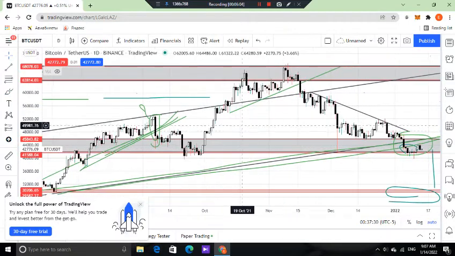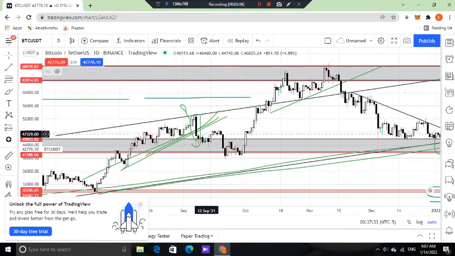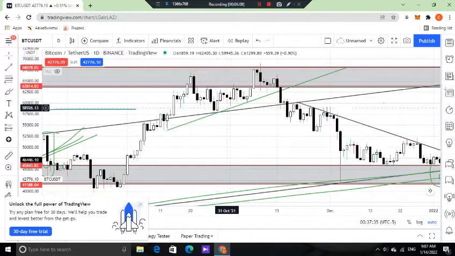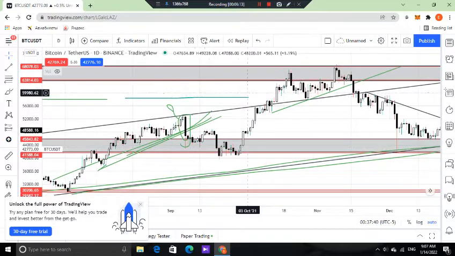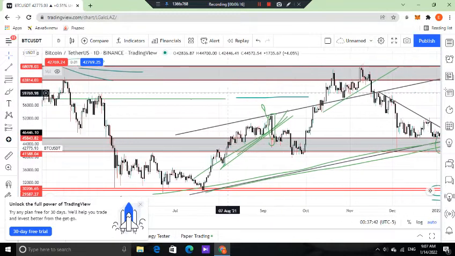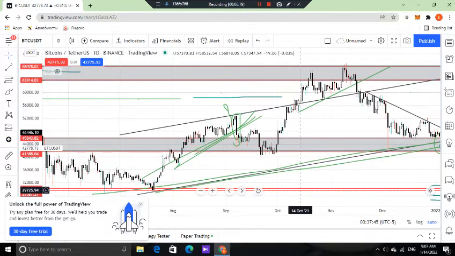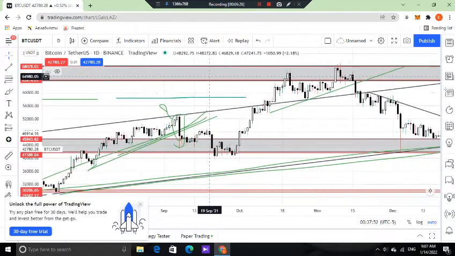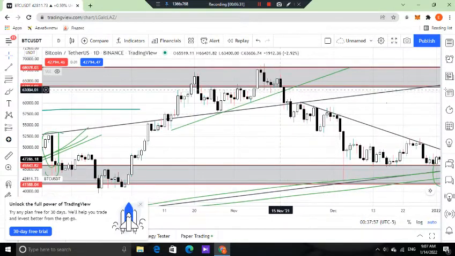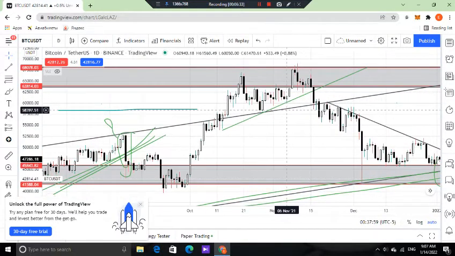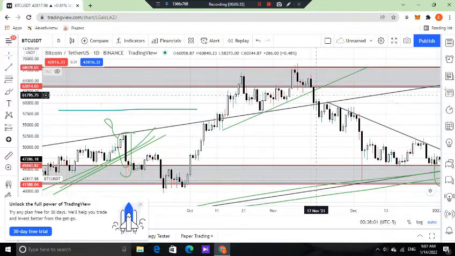After that you see a pullback, or you see a follow through. We don't have a good follow through here, which means you don't expect to see the price at higher levels, but at lower levels, much lower levels. But here you have a pretty strong breakout and good follow throughs.